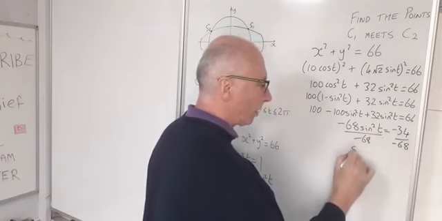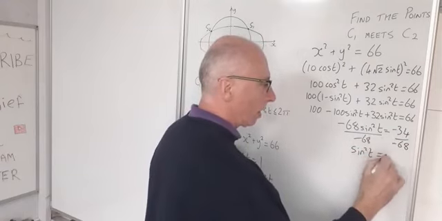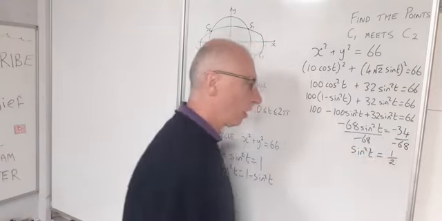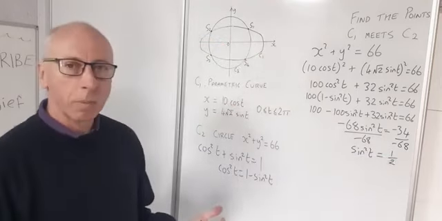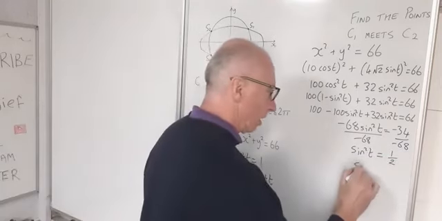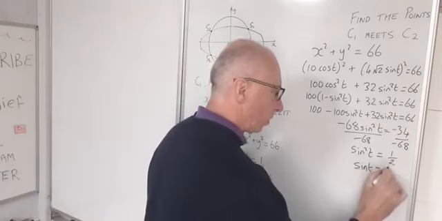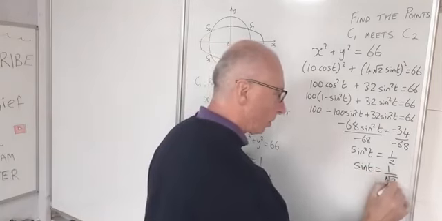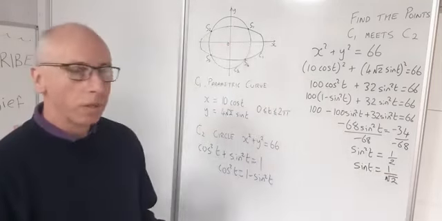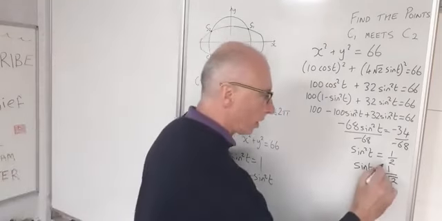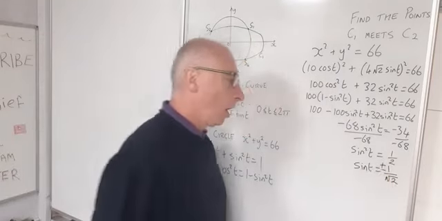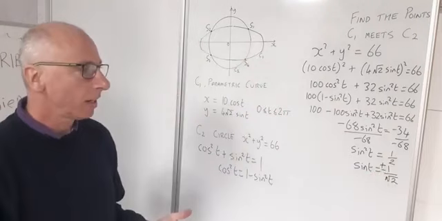So therefore now I get sine squared t equals 1/2. So now take the square root of both sides. Sine of t equals 1 over root 2, not forgetting the plus or minus. Okay, so that's what my sine t is.